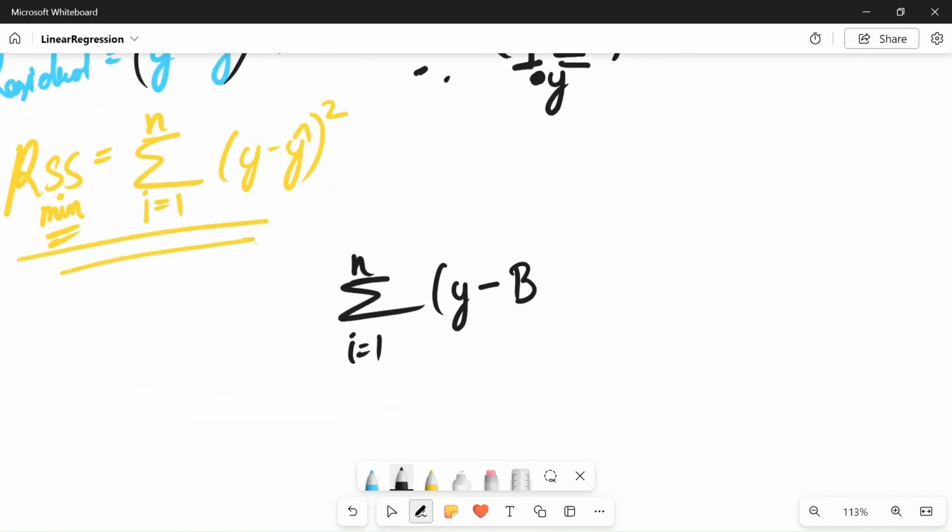So we'll have y minus beta naught hat minus beta 1 hat x, squared.